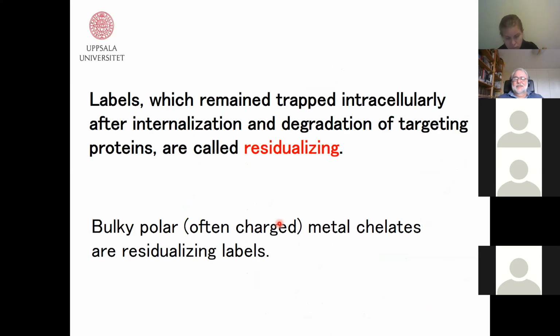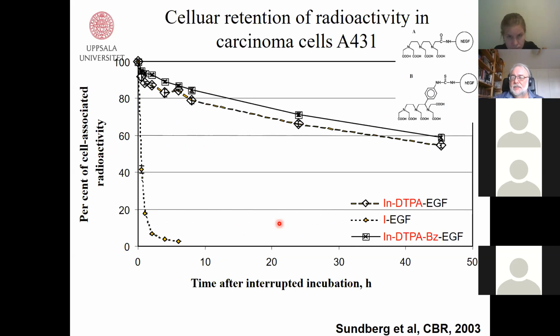I discussed with my colleagues in Russia how to translate residualizing. There is no standard word, so I propose to use the term "удерживаемые" for residualizing. They are typically products of bulky, polar, and often charged metal chelates.